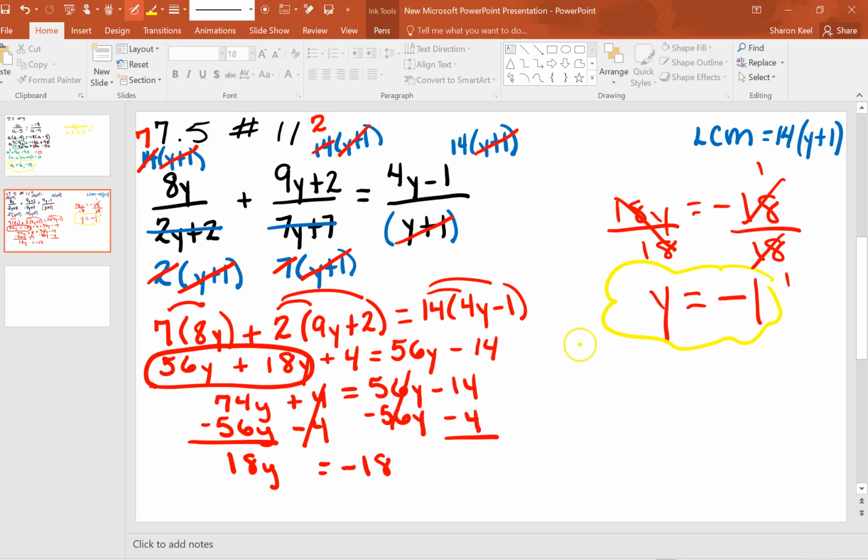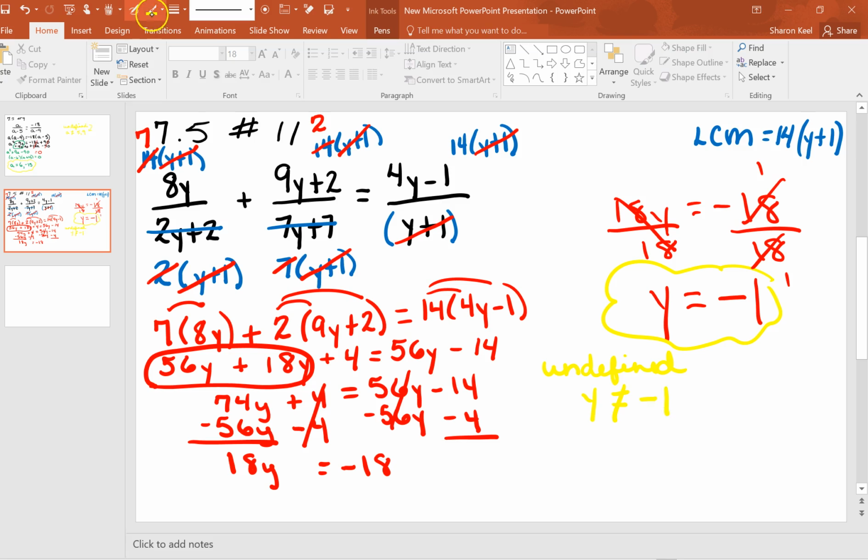Now, just as we did a moment ago, remember I asked you what makes this value undefined. So in my denominator, the only variable that I had was the y, a y plus 1. So y cannot be equal to negative 1. Negative 1 is what makes it undefined.